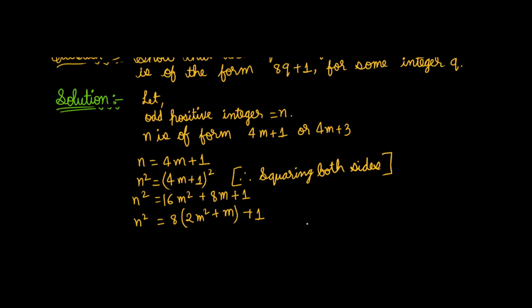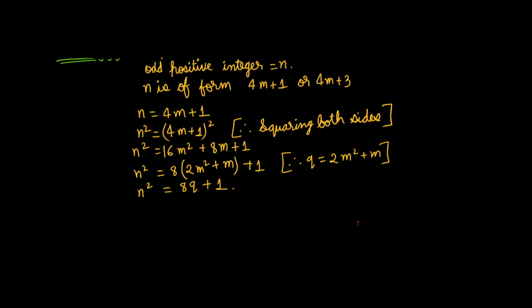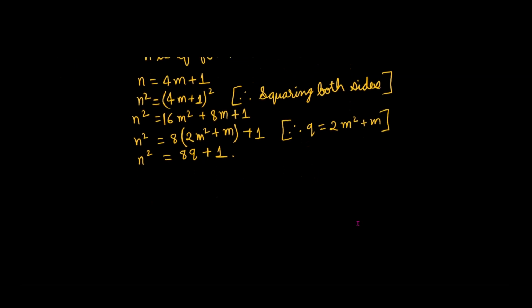So we will get here q is equal to 2m square plus m. So we can write n square is equal to 8q plus 1. Yes, the odd integer is of the form 8q plus 1.